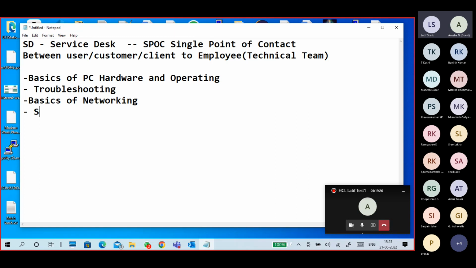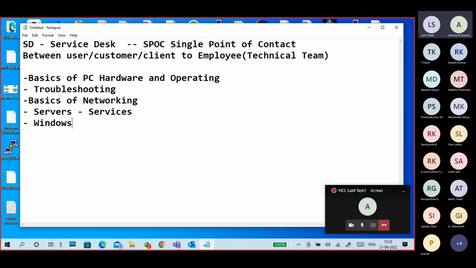Next, servers. What are servers and their services? Understanding what the server means and what the services are.